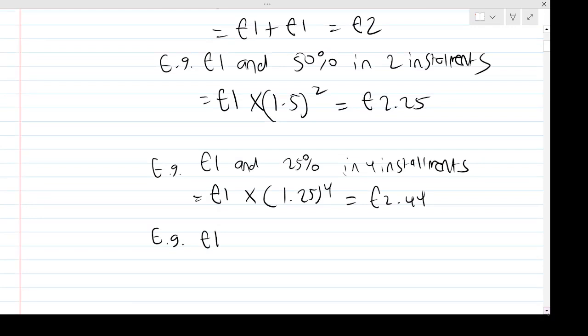So let's say I start with £1 and I want 12 installments.